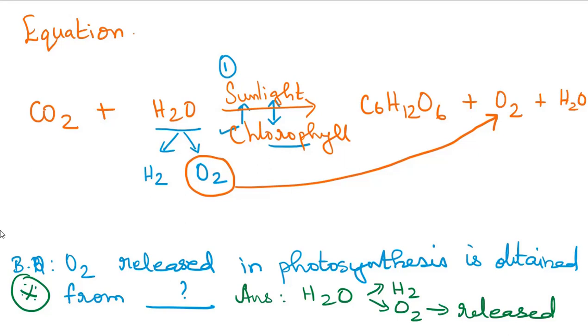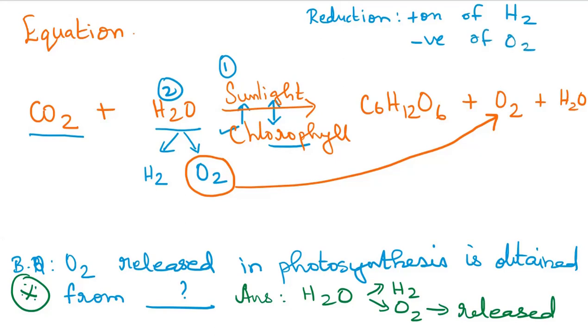Now, we have also given carbon dioxide. The plants require carbon dioxide for performing photosynthesis. So, reduction of this carbon dioxide. What is the reduction process? It is addition of hydrogen atoms or removal of oxygen atoms.